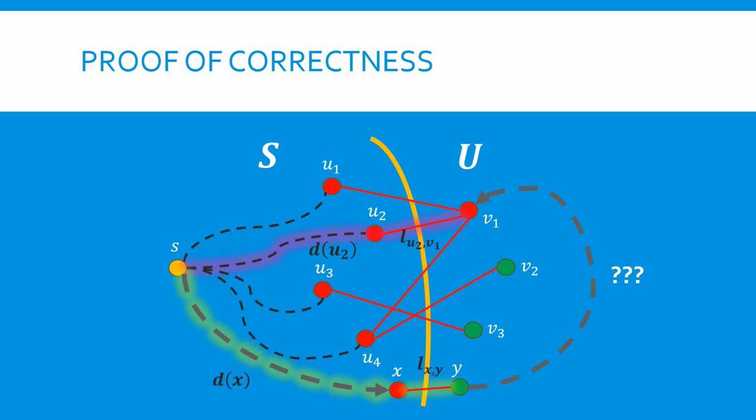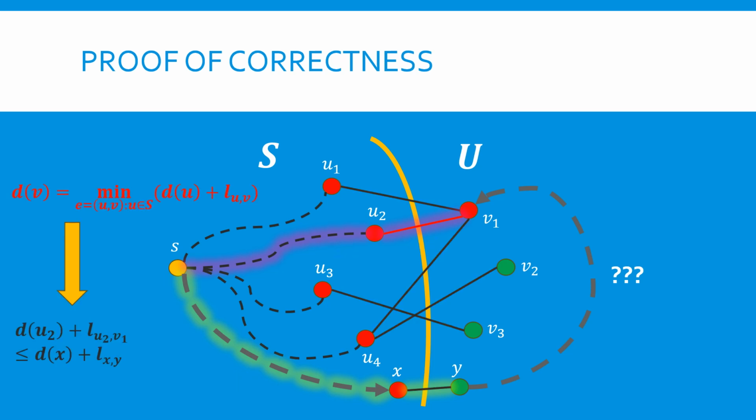Note that the form of the equation for calculating the path length to Y is similar to the equation used to calculate the total cost to V1. Because XY is also a boundary spanning edge, the path induced by it should have already been evaluated together with the paths induced by other boundary spanning edges, like U1V1 and U2V1, etc. According to Dijkstra's algorithm, the shortest path among all paths induced by boundary spanning edges is selected.